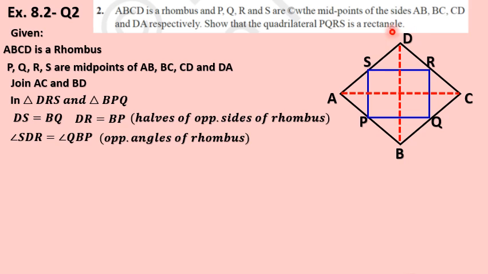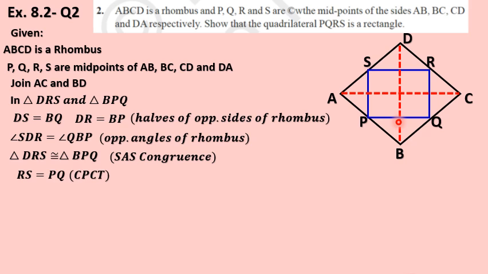Then in triangle SDR, angle D equals angle B, opposite angles of the rhombus. So that means these two triangles are congruent by the SAS congruence rule. So RS equals PQ, corresponding parts of congruent triangles.